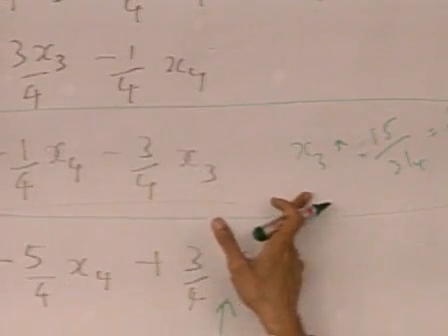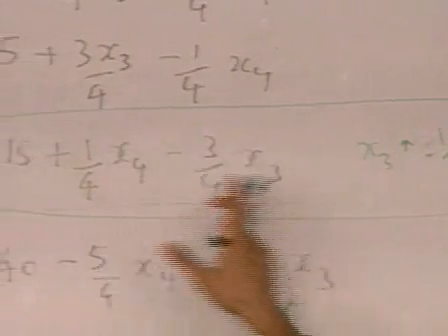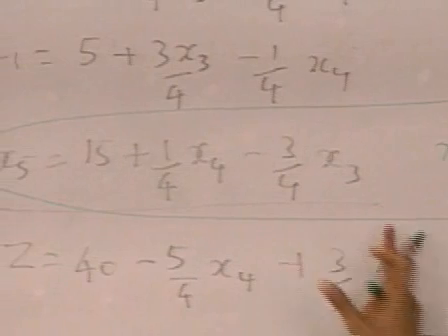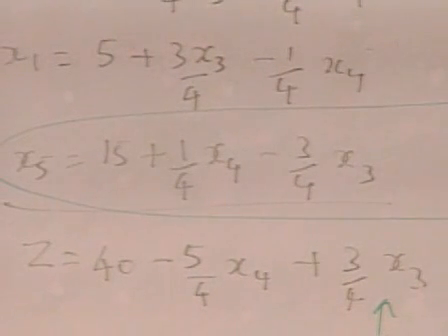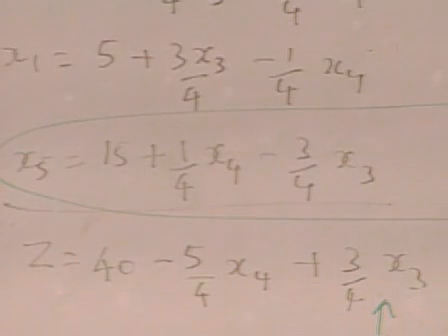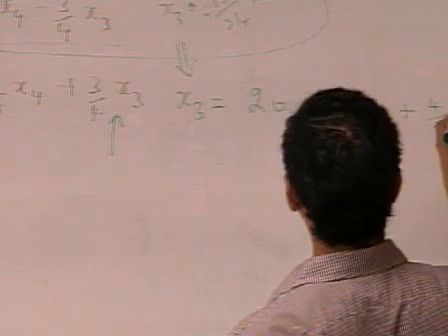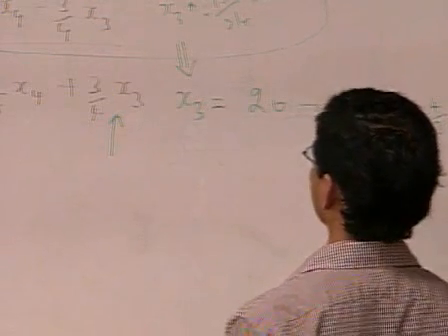So once again, you're going to move x3 here, x5 here, and express x3 in terms of x4 and x5. Once you have that, let me write just that down. So from here, you will get x3 equals 20 minus 4 over 3 x5 plus 4 over 3.